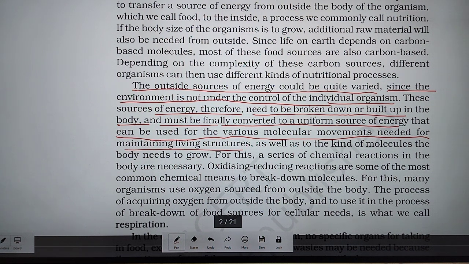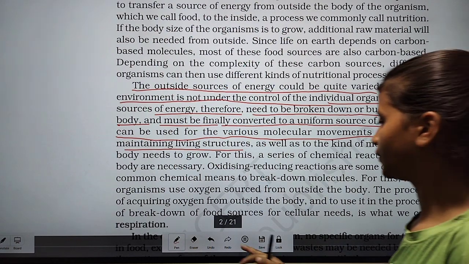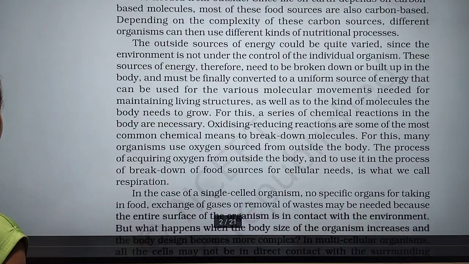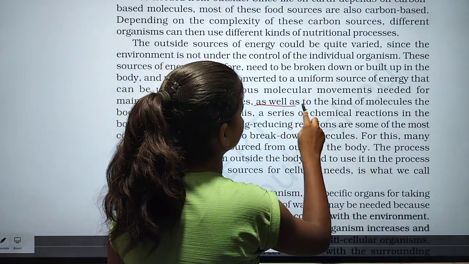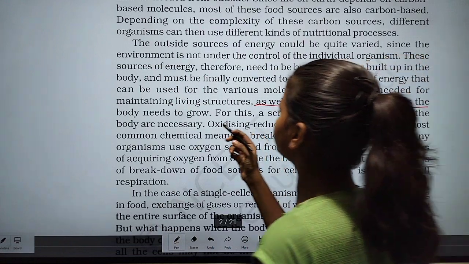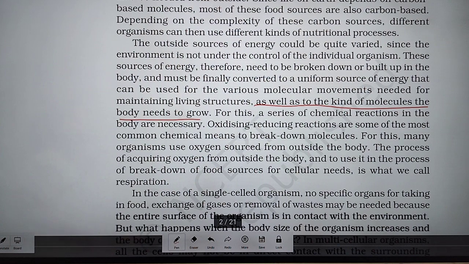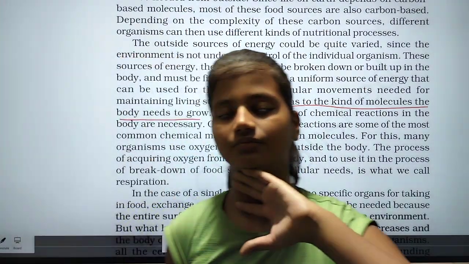These energy sources are converted into a uniform source of energy that can be used in various types of molecular movement needed for our body for maintaining our structure. As well as the kinds of molecules the body needs to grow.